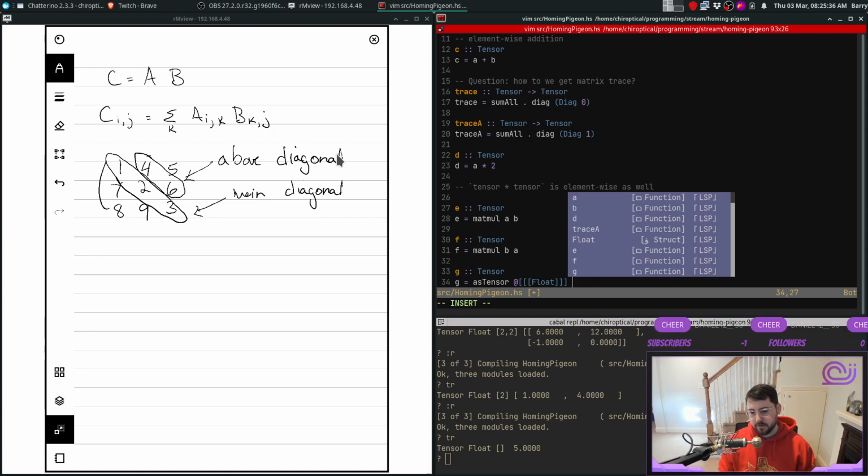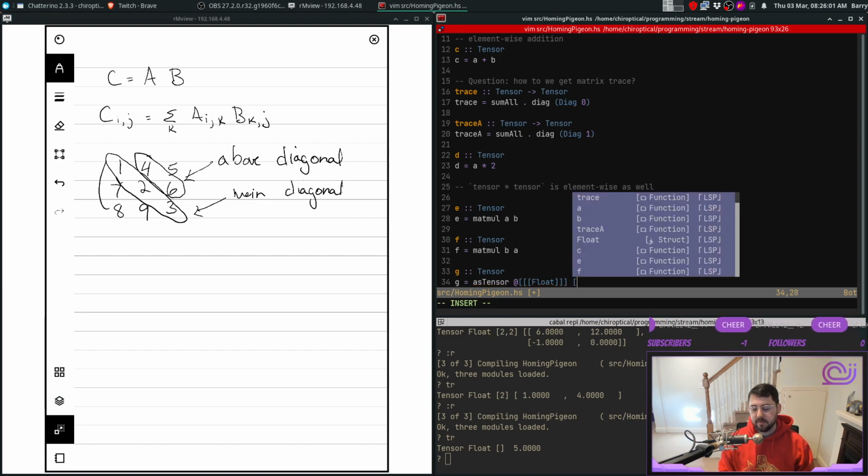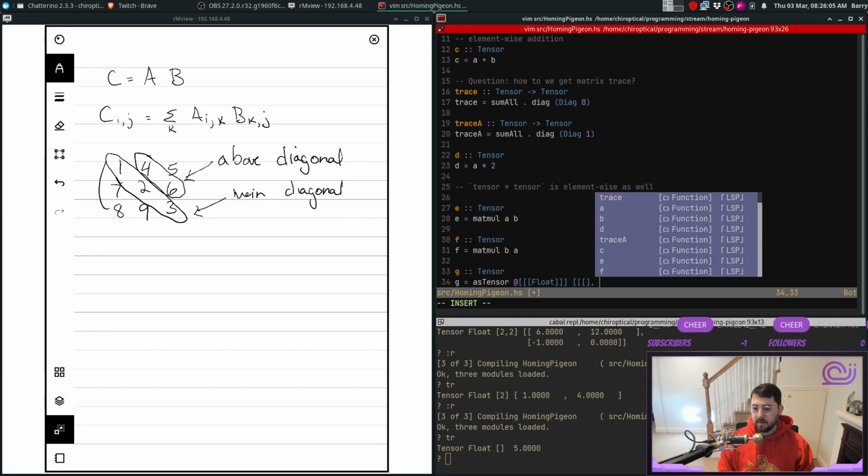I wonder if I should make a type alias for 3-dimensional, 2-dimensional, etc. Basically, for people who aren't familiar with Haskell, this is a type specification for what the first polymorphic type is. So now I know that I have to give this thing a list of lists.